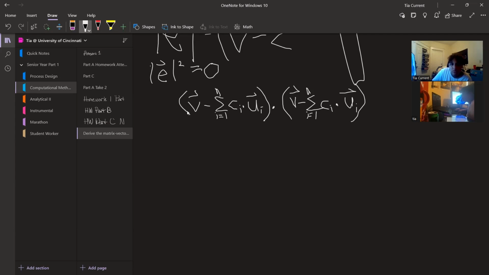So what we're going to do is distribute this. And so what you get is your e squared is equal to v squared minus, I'm going to have 2, and then, just going to leave it.